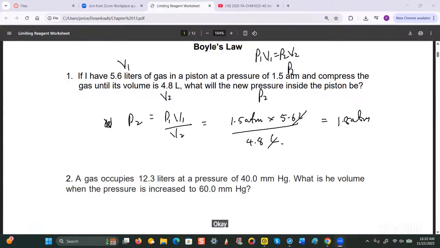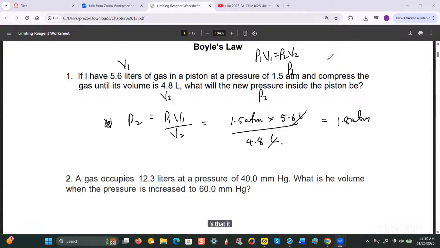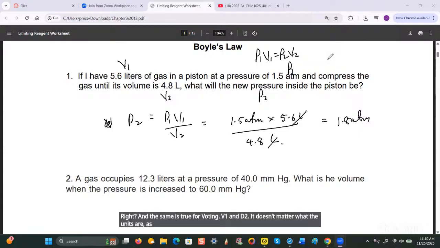Okay, now, before we move on to the next question, one thing I want to point out about the use of this equation is that it doesn't matter what the units of pressure for P1 and P2 are, as long as they're the same, right? And the same is true for volume, V1 and V2. It doesn't matter what the units are, as long as V1 units are the same as V2 units, right?